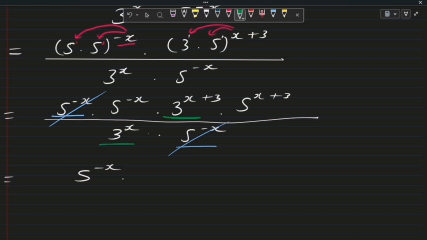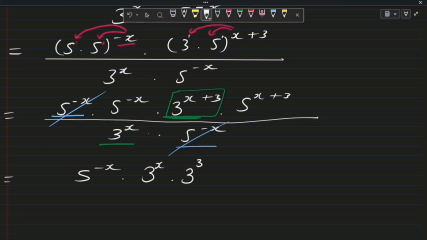Right now, if I do this, then I am totally violating the laws of exponents because this is not exactly the same as this. But there's something that we can do to this guy that will result in something that can cancel out with that guy. Okay, let's make that happen. So 3 to the power of x plus 3 can be written as 3 to the power of x times 3 to the power of 3.